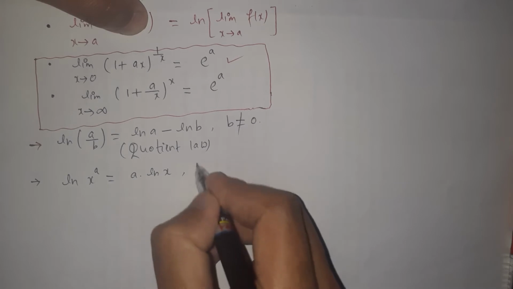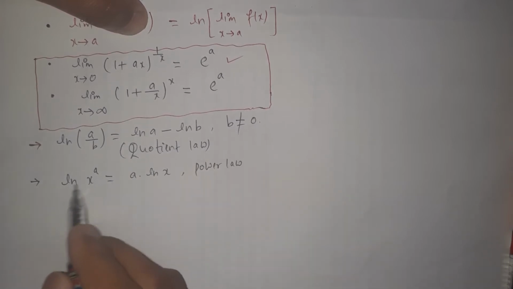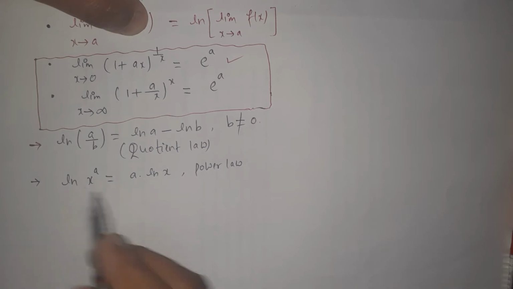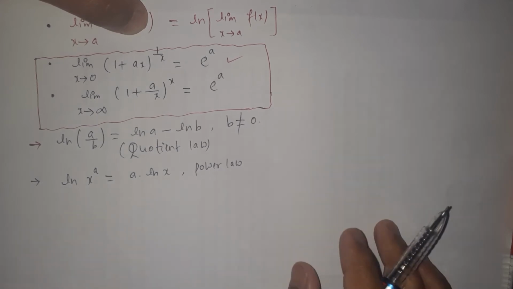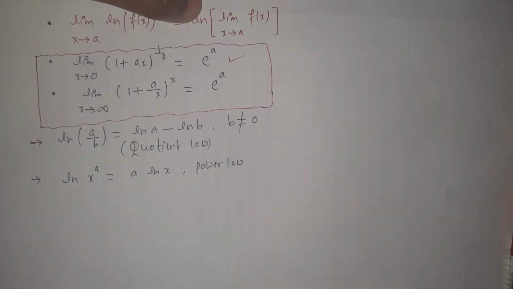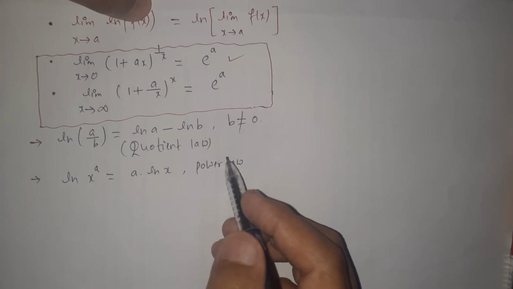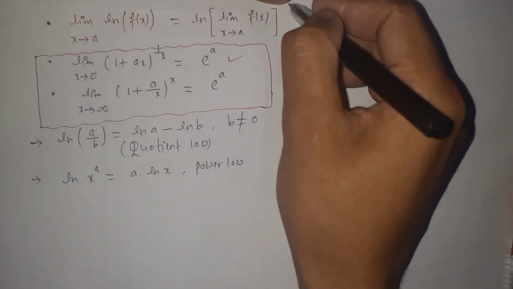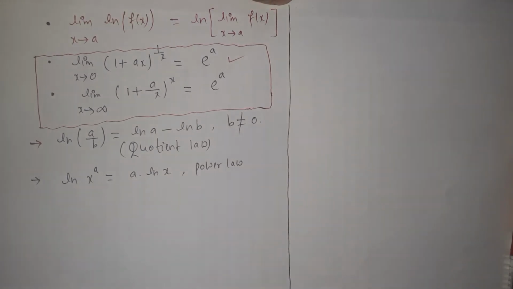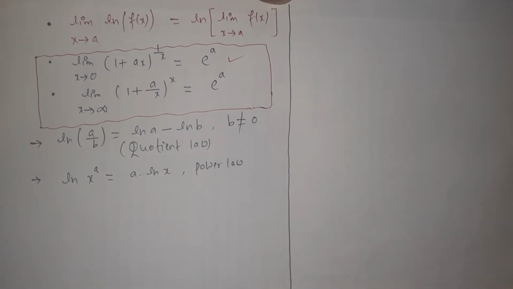This is the power law. ln of x to the power a is the same as a times ln of x. This is the power law on the logarithm. These are very important formulas and properties of the logarithm as well as of the limit of functions at a point.